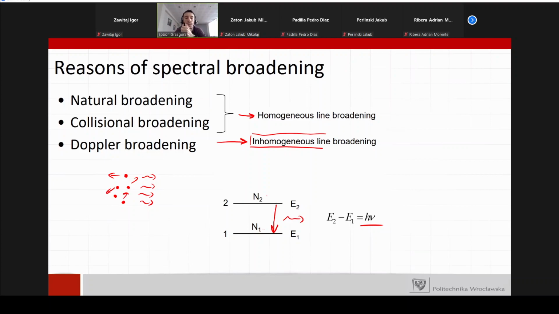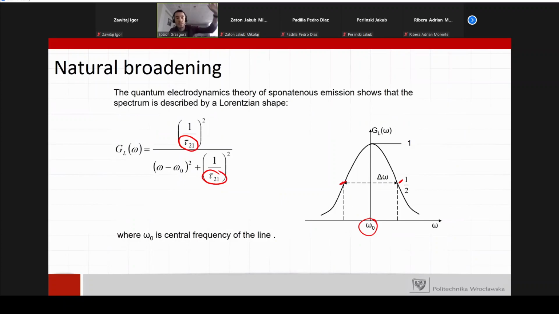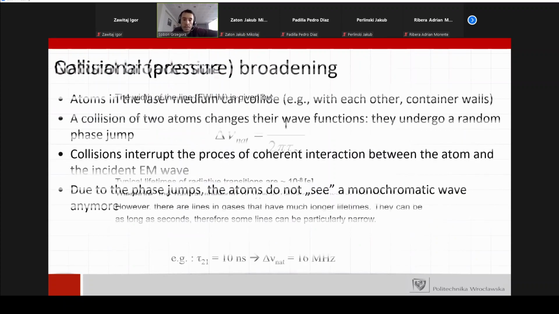And the same applies to natural broadening, since this is just completely random and resulting from spontaneous emission. This is homogeneous, so all atoms will act in the same way, right? But Doppler broadening is inhomogeneous, so every atom will react in a different way, because each atom can move with a different velocity or a different direction.